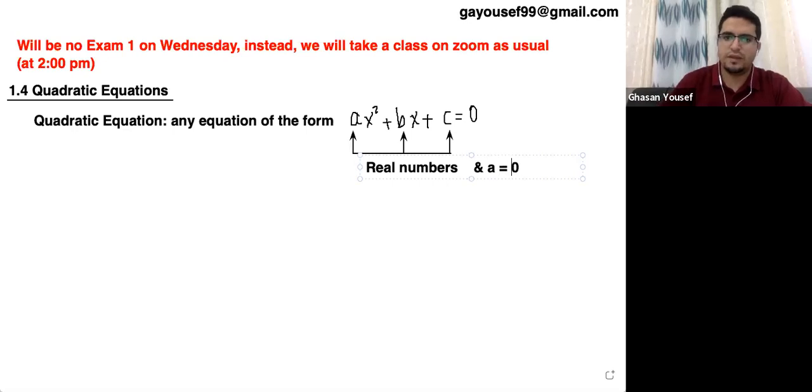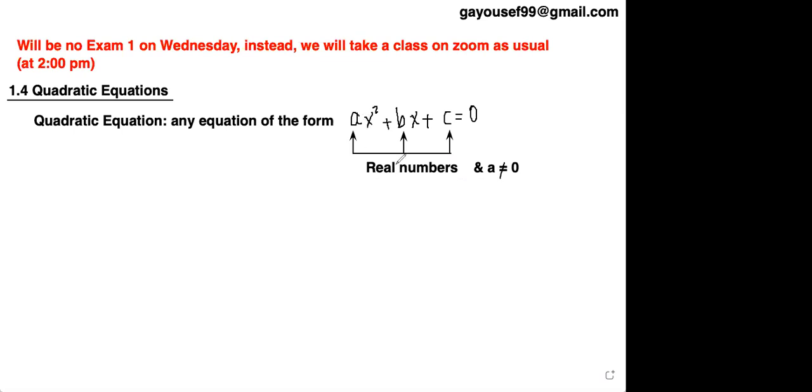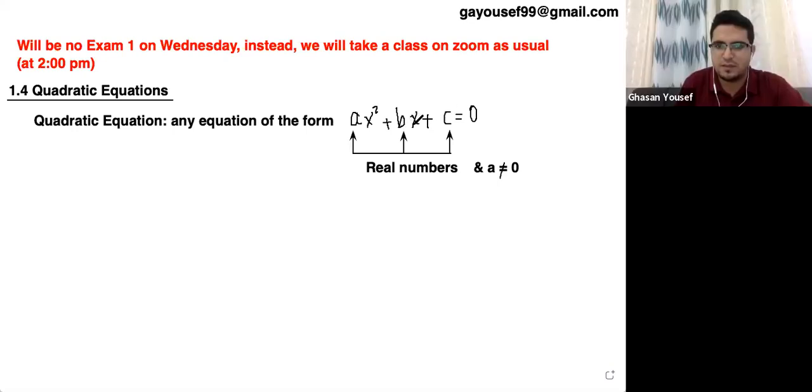This is very important. Why? Because if a equals 0, what equation am I going to get? It would be bx plus c. And what is the equation bx plus c?